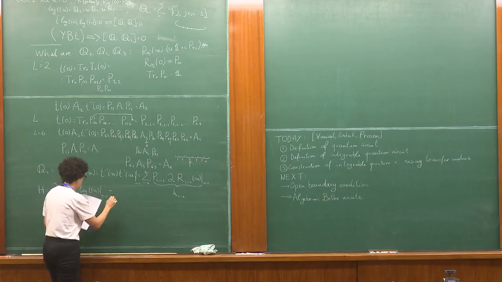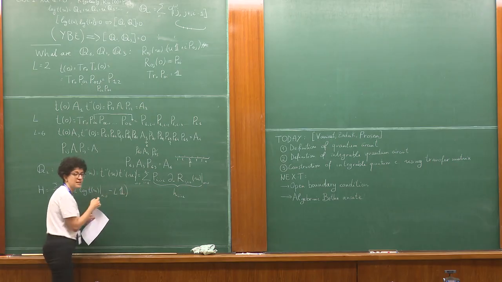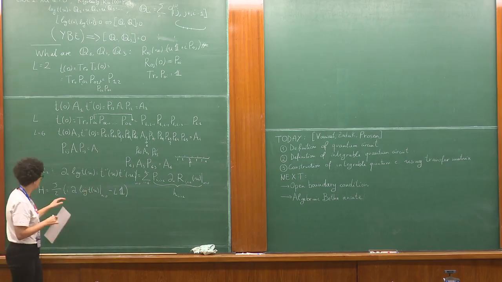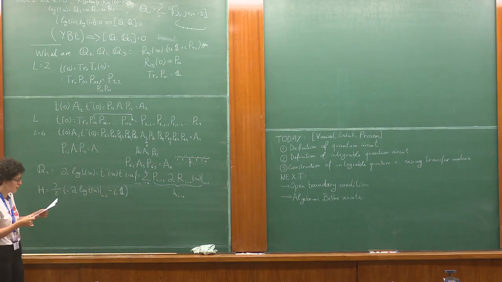And then I think we have to add some term proportional to identity, just to match exactly with the form of the Hamiltonian which I gave yesterday. But as I mentioned, this is not important because the identity operator always commutes.